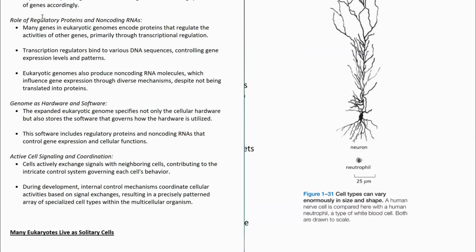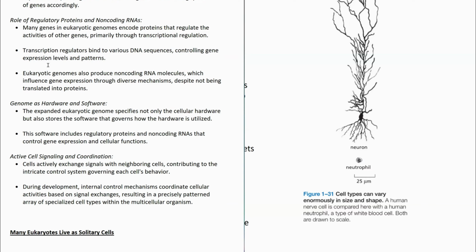So, the role of regulatory proteins and non-coding DNA. A little bit on how this works: you have these regulatory proteins and non-coding RNAs. Many genes in eukaryotic genomes encode proteins that regulate the activity of other genes, primarily through transcriptional regulation. Many transcription regulators bind to specific DNA sequences and essentially give the okay or not to control gene expression levels and patterns.